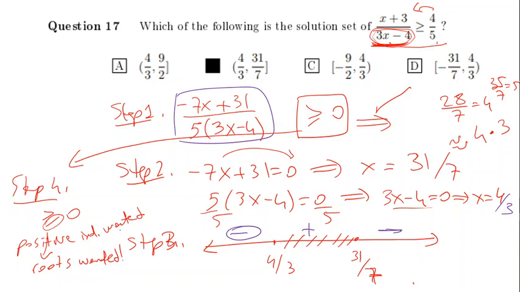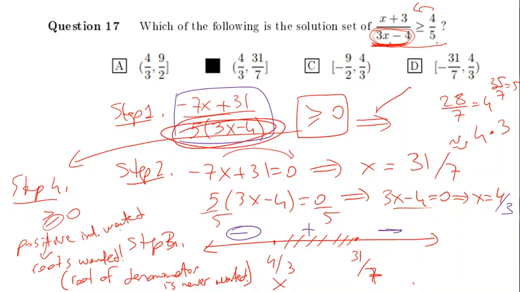But of course the rule is root of the denominator is never wanted. So we don't want it. So this 4 over 3 is not wanted because it's making this one 0. This is not wanted, but this is wanted. So it will be not included, but this one will be included. So we will have the solution set as this one, B.